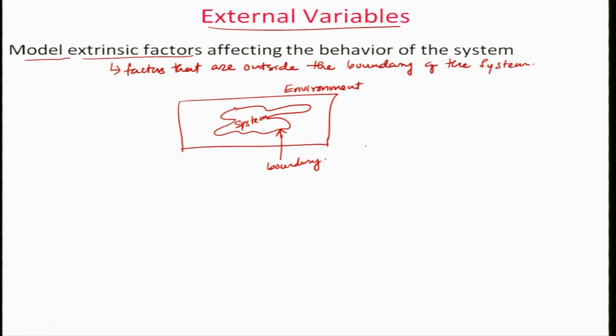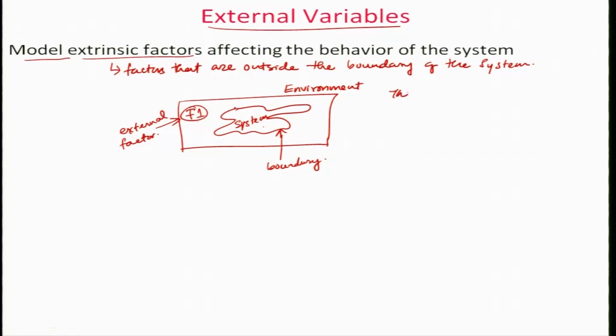So, factors that are outside. If there is a particular factor f1 right here, then that is an external factor. This is a pictorial representation of the same. The influence of the external factor, how this external factor will influence the behavior of the system, is being studied using external variables. Okay.